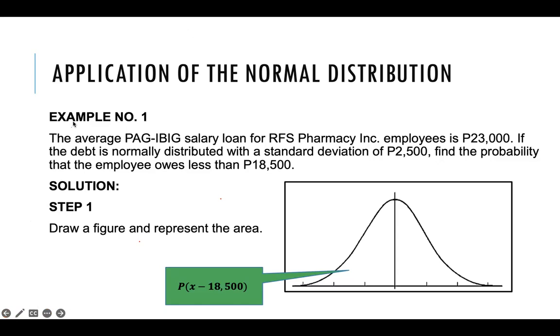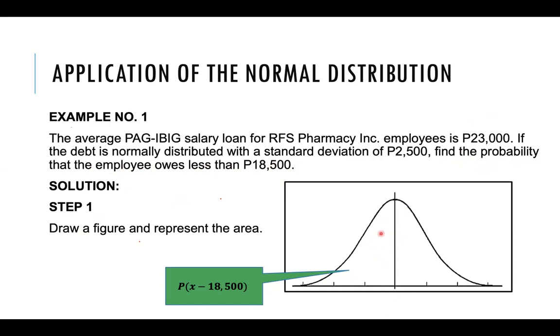For example, in an application of the normal distribution, the average Pag-ibig salary loan for RFS Pharmacy Incorporated employees is 23,000. If the debt is normally distributed with a standard deviation of 2,500, find the probability that an employee owes less than 18,500.